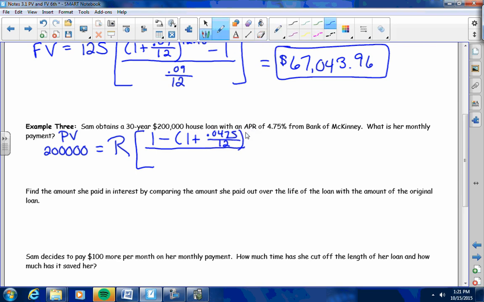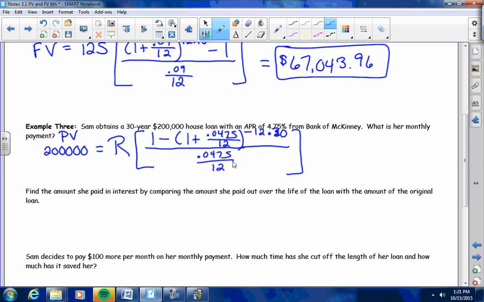The exponent on the PV formula is negative 12 times 30, because we're taking out a 30-year loan. And that's divided by I, 0.0475, divided by 12.